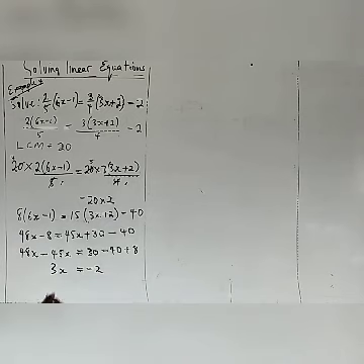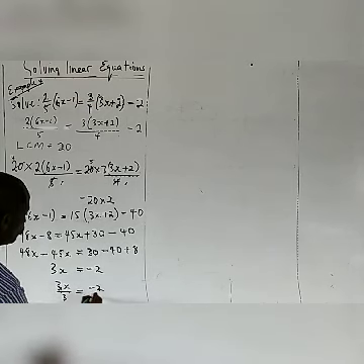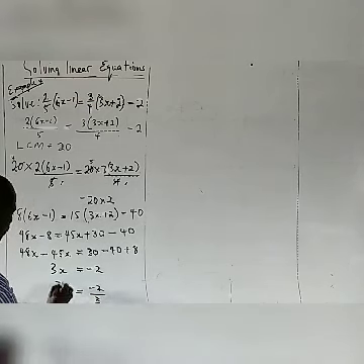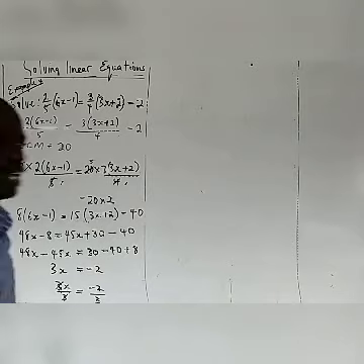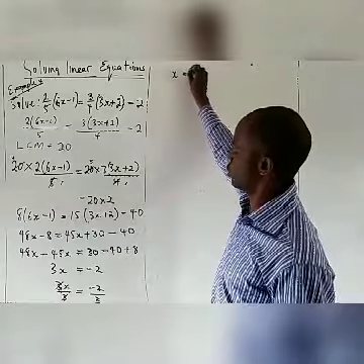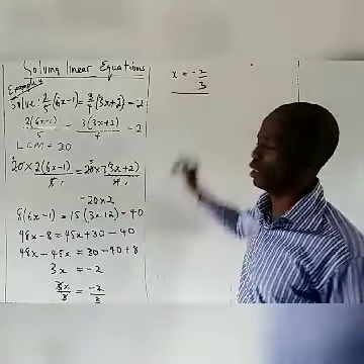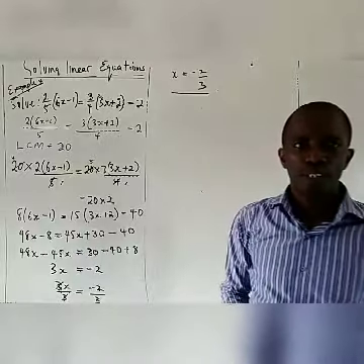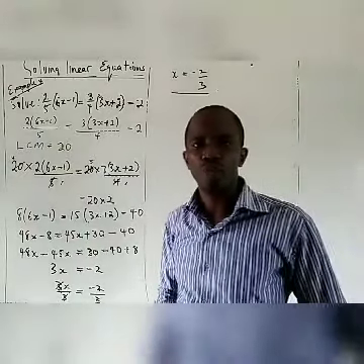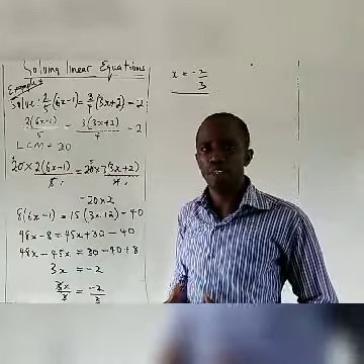So if we do that, we have 3x divided by 3, minus 2 divided by 3. The 3 goes. So our final answer will now be x equals minus 2 all over 3. Final answer. So that is how you solve equations involving fractions and brackets.